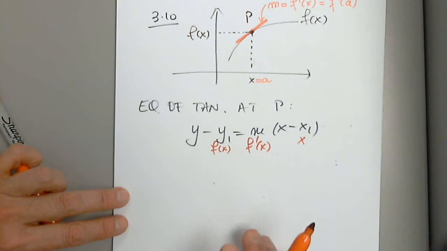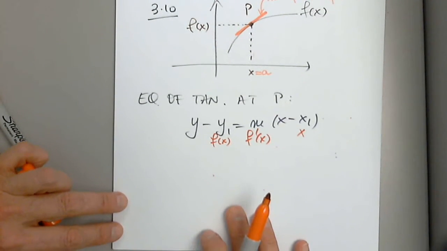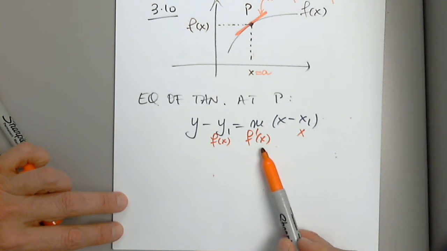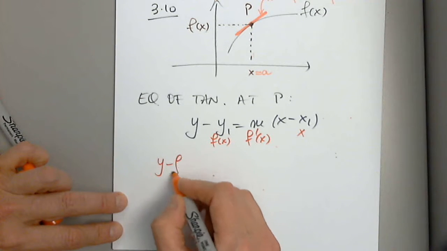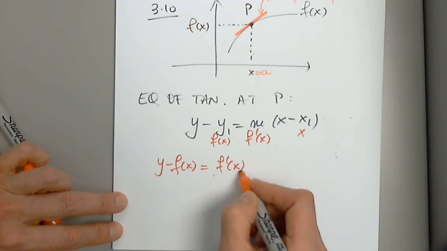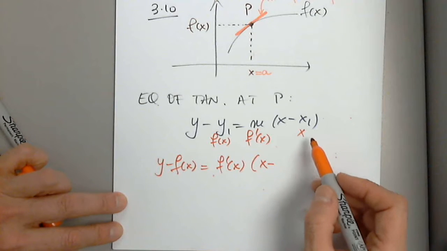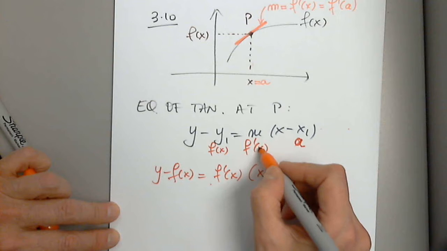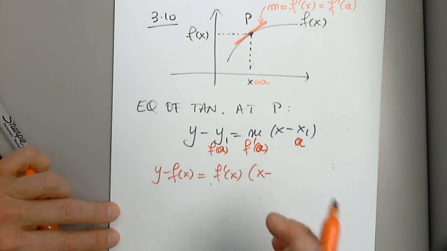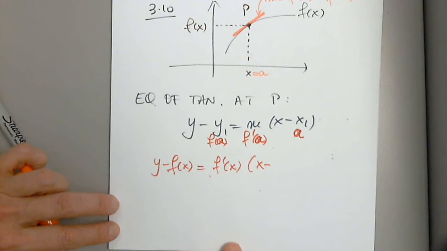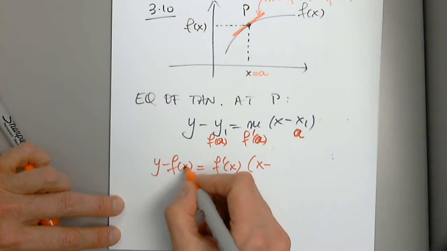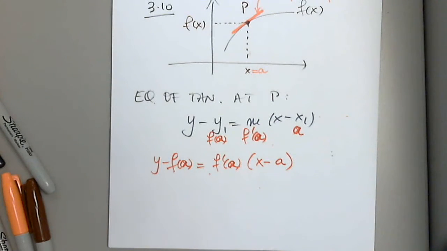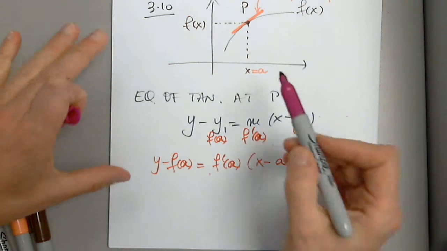We're going to write it again with a. I want to show both. So the point is x1 comma y1, and the slope is f prime of x. So y minus f of x equals f prime of x times x minus, I'm getting into a situation here, so I have no choice. I have to change that into a, because I can't have x minus x.